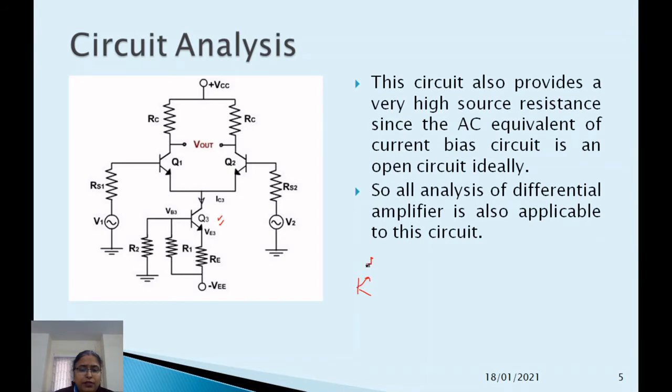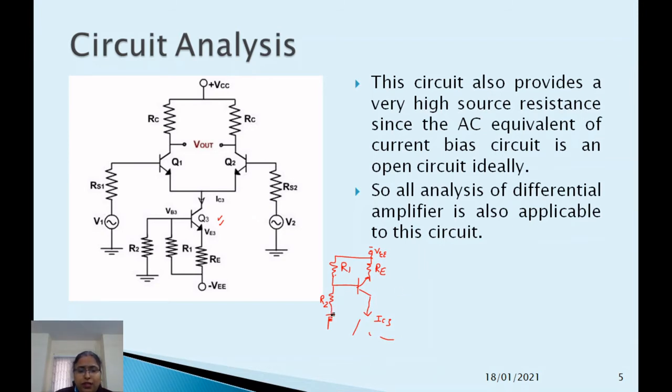This is the emitter, this is RE, and it is connected to VEE minus VEE, and this end is connected to R1, this is connected to the base, this is R2, it is grounded here, and the collector path is connected to this IC3. So this further circuit is there.